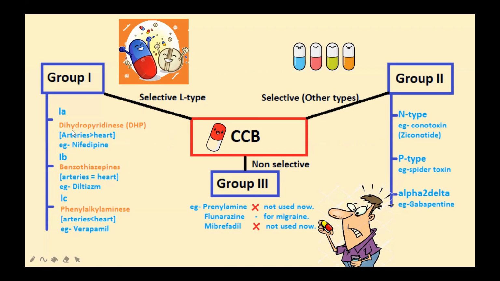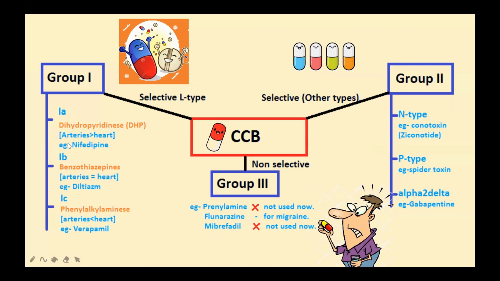About Group 1A dihydropyridines, their selectivity for smooth muscle cells in arteries, in vessels, is higher than for cardiomyocytes. Going down this list, 1B, 1C, the selectivity changes. In Group 1B, almost the same selectivity between arterial smooth muscle cells and cardiomyocytes. In Group 1C, it's mostly acting on cardiomyocytes.